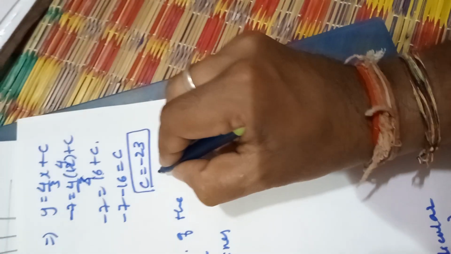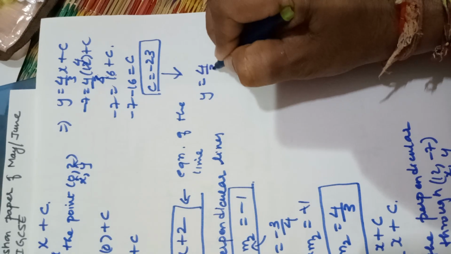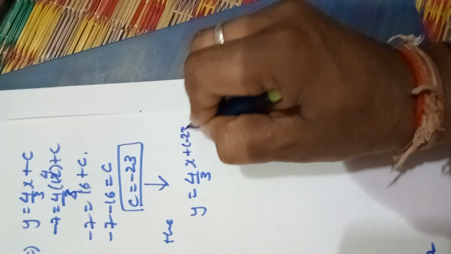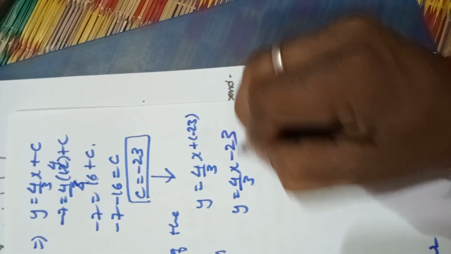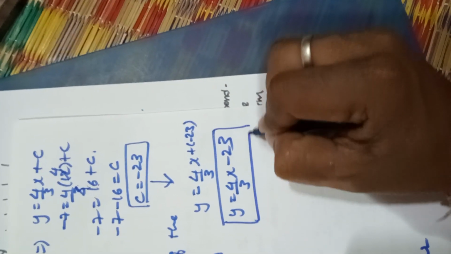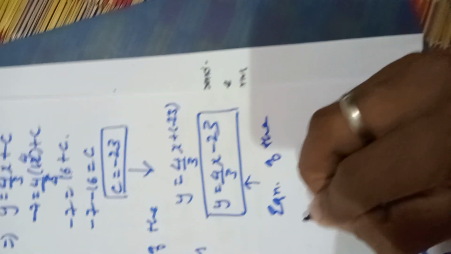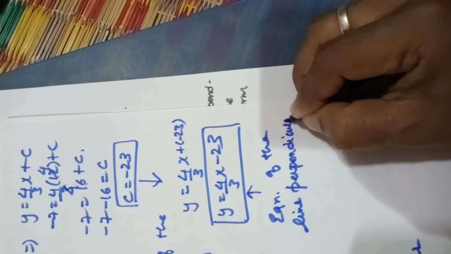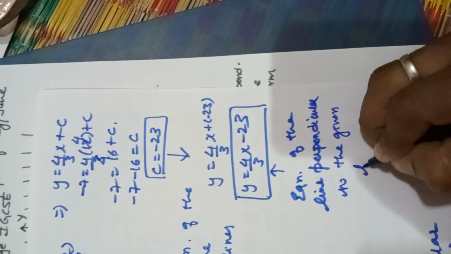Now we have to write the equation of the line. So y equals mx plus c, that is y equals 4 by 3 x plus c, that is plus of minus 23, or y equals 4 by 3 x minus 23. So this is the equation of the line perpendicular to the given line.